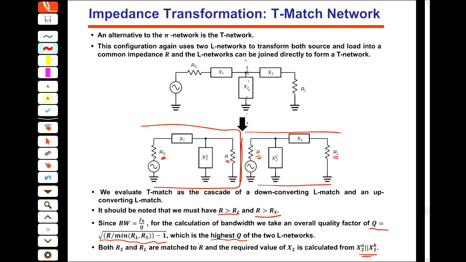So based on the bandwidth, you find the value for the R, and then based on this R, RL and RS, you can calculate the value for the X1, X2A, X3, and X2B, and then at the end, you do the X2A in parallel with X2B. Okay?